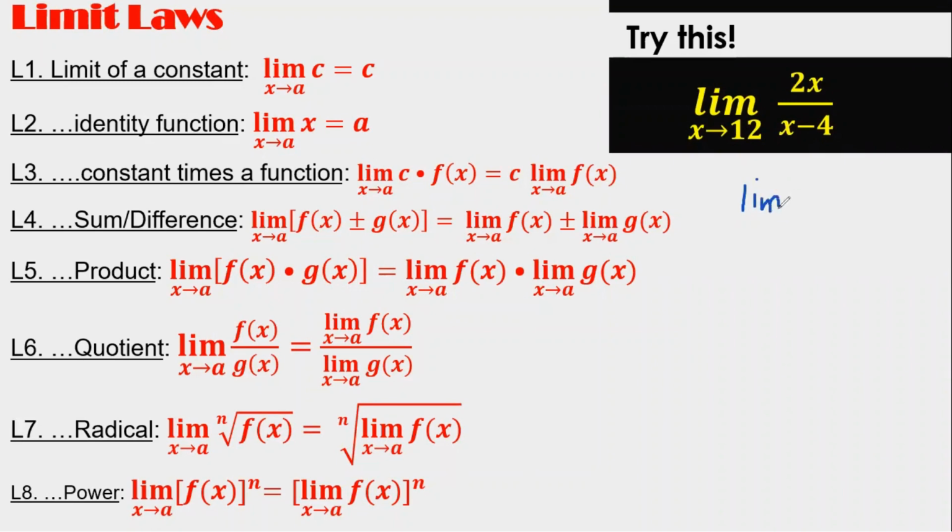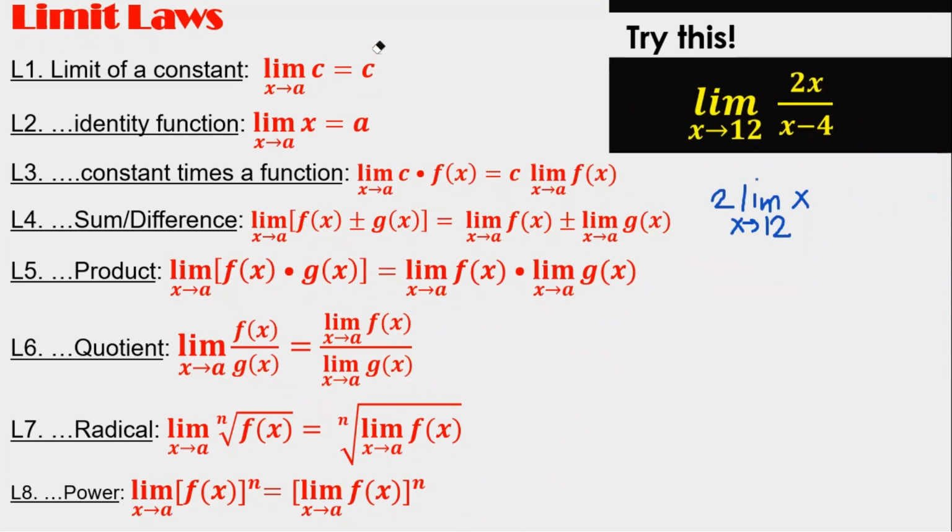So, limit of 2x, or we can apply it directly, the limit of a constant times a function as x approaches 12. Miss, is it okay if I just write limit of 2x? Okay, I will still accept that one because anyway, you will be applying it all the way. So, okay. Let me erase this one first.